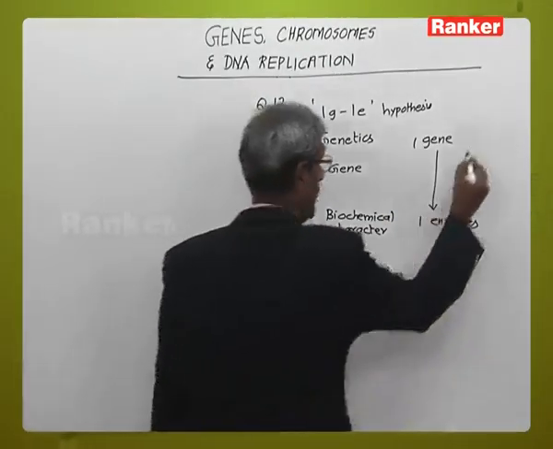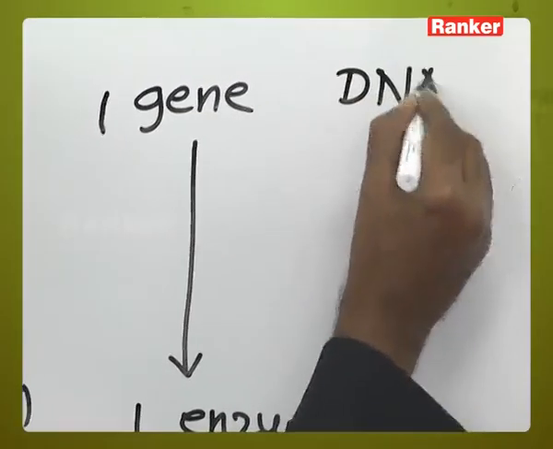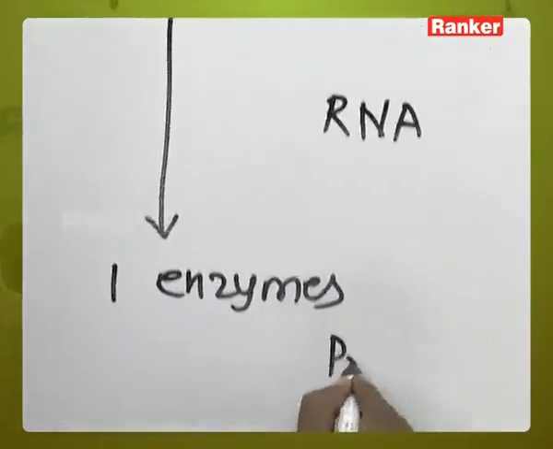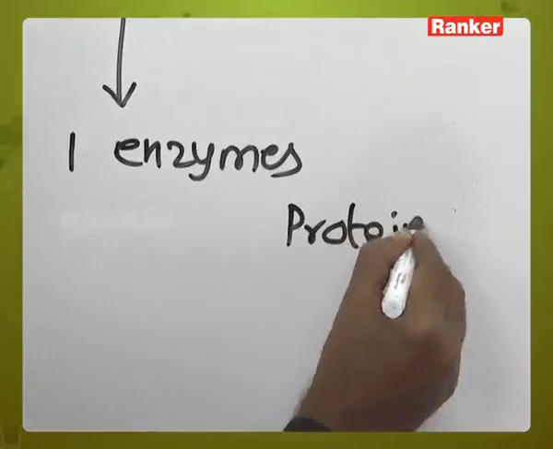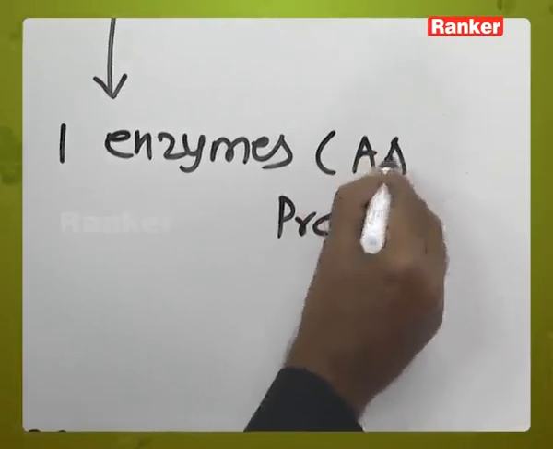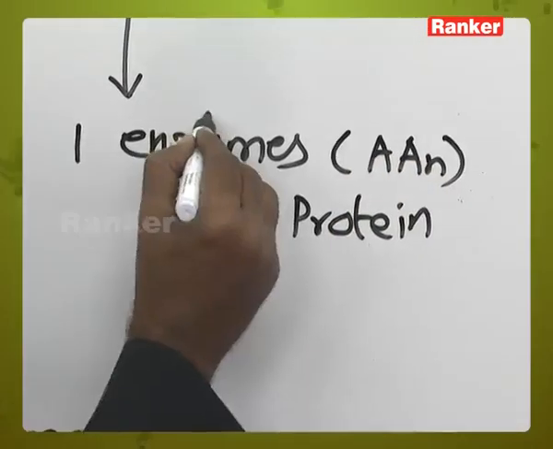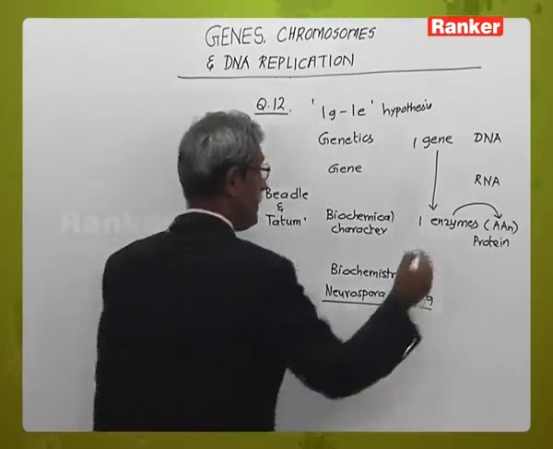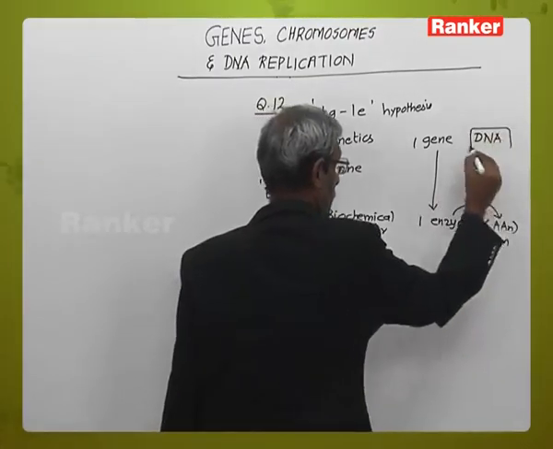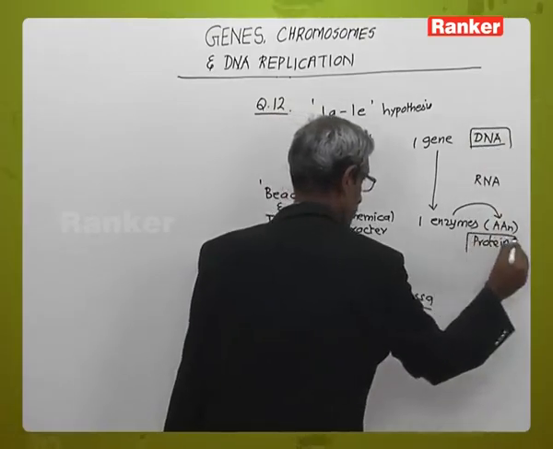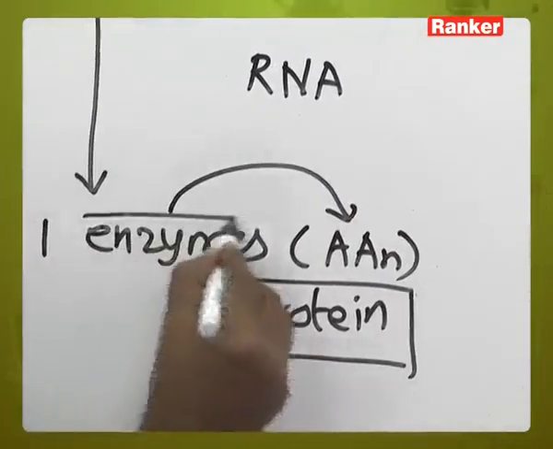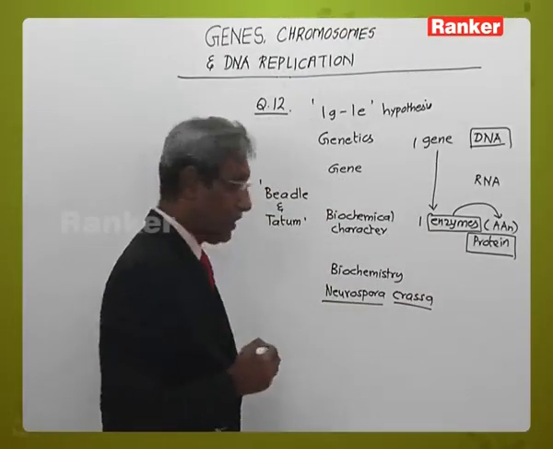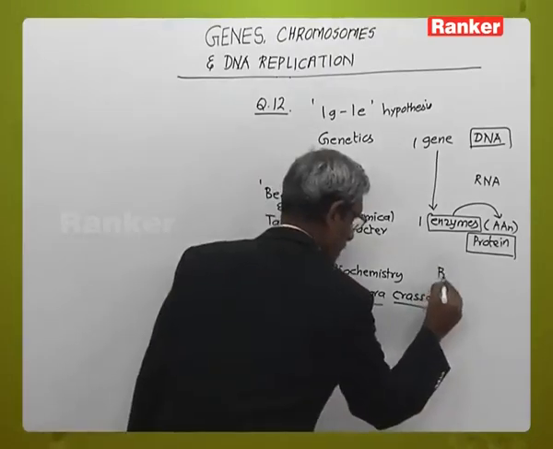That is, a DNA can make an RNA, which can make a protein, and a protein is made up of amino acids, and all enzymes are proteins. So, the relationship between the genetic material and the biochemical component of a protein or an enzyme was studied by Beadle and Tatum. This was the first beginning towards biochemical genetics.